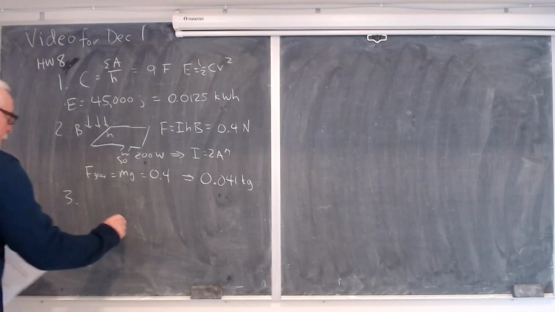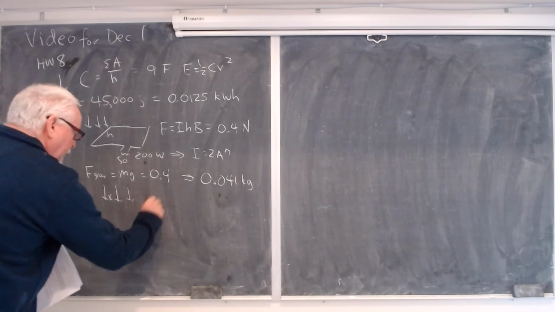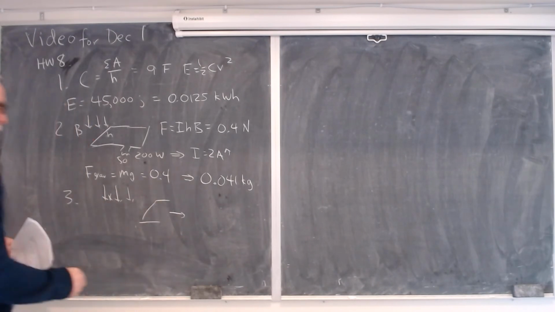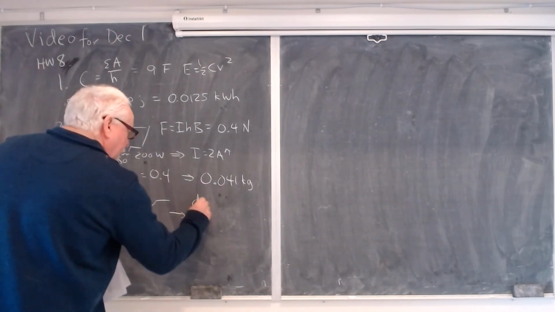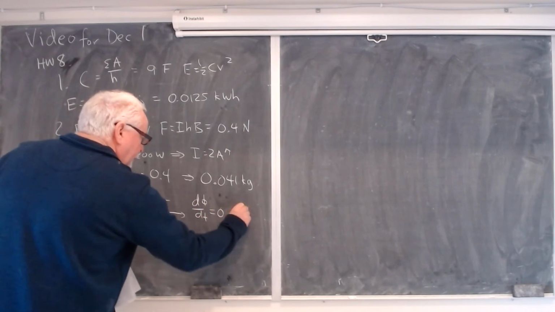Number 3, if the magnetic field is over here and the coil is over here, then d phi dz is 0, and so v is 0.